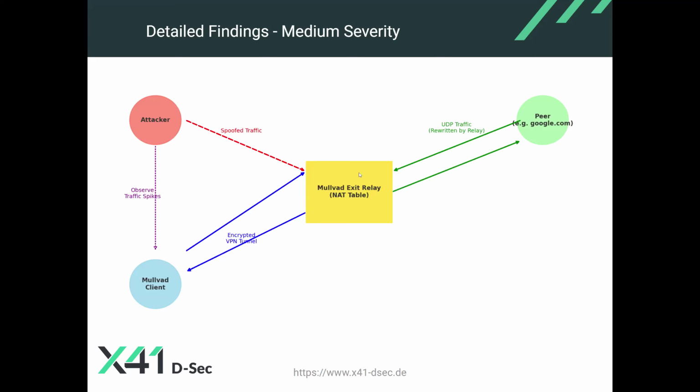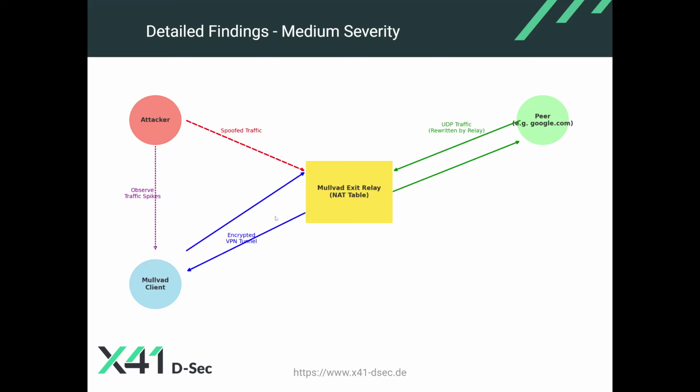So I painted this great diagram. Imagine you have a Mullvad client with a VPN connection to the Mullvad backend, or a VPN backend, and they have an internal IP. If they have an internal VPN IP, of course, there needs to be NAT, network address translation. Let's say they want to contact google.com.